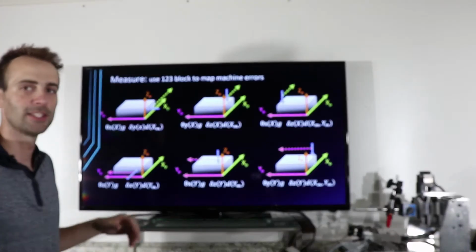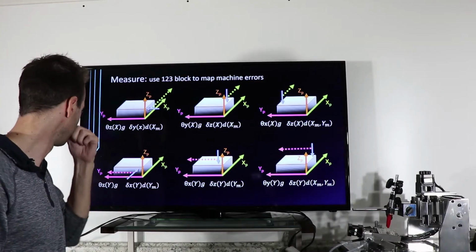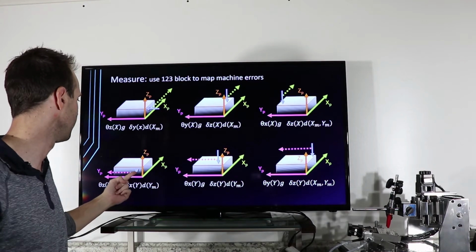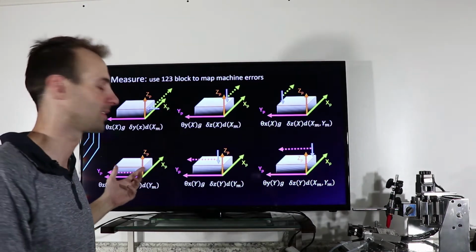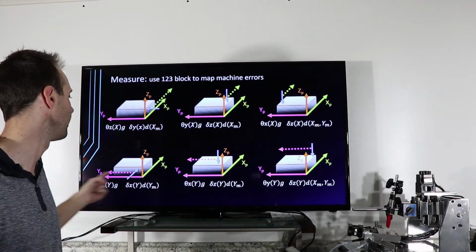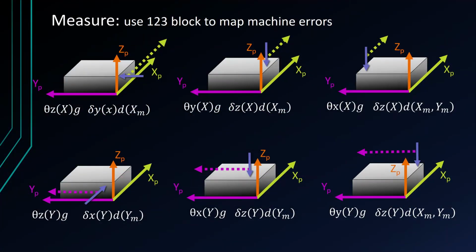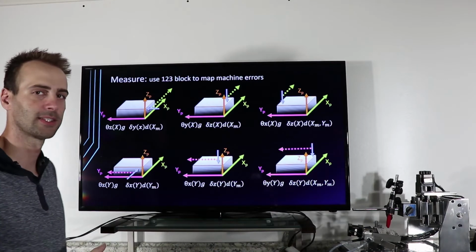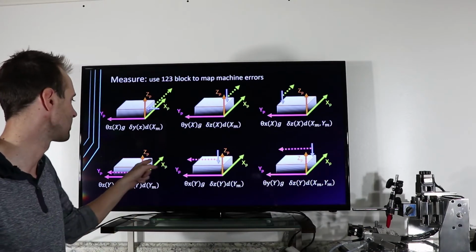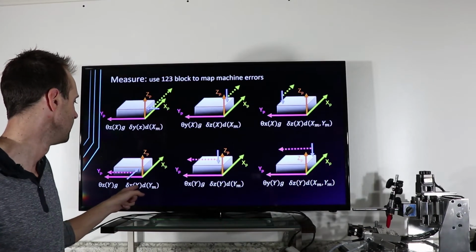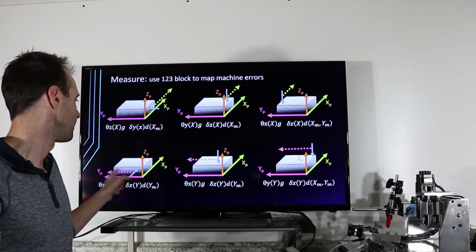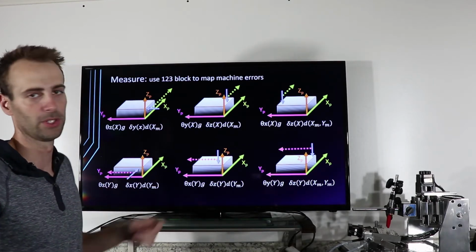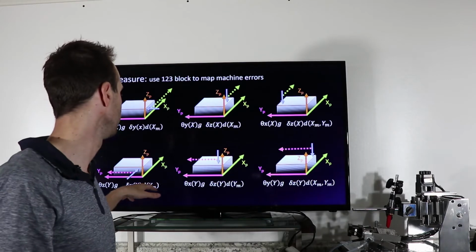And then, same thing, now I'm going to move my indicator and I'm going to move my y-axis, okay? So I indicate along the y face and move this. That tells me, again, rotation about z of my y-axis, right? So this also tells me squareness between x and y. And then dynamic error as a function of the y machine coordinate, okay?